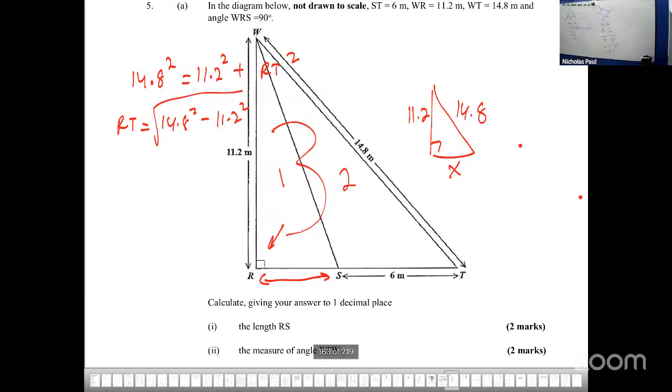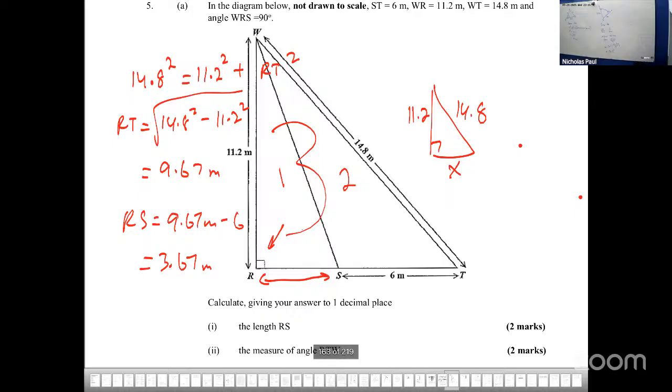I got 9.67 for RT, and remember RS we want. So that'll be 9.67 minus 6, which is 3.67.